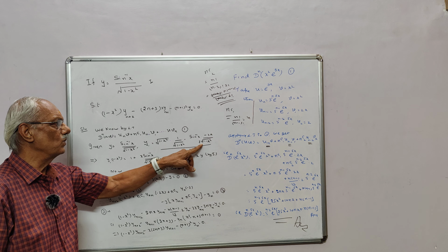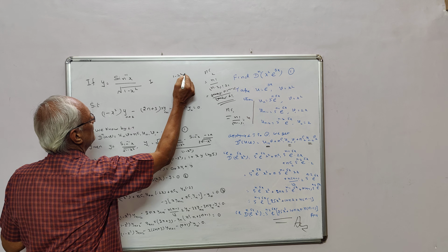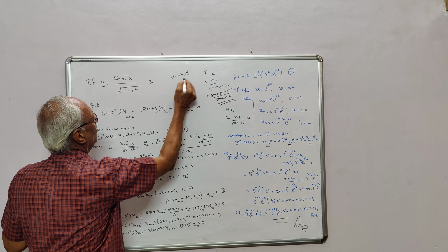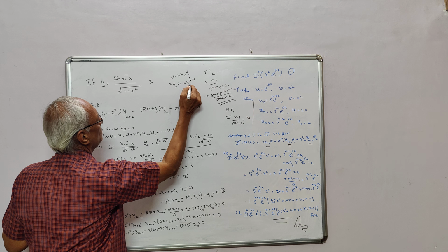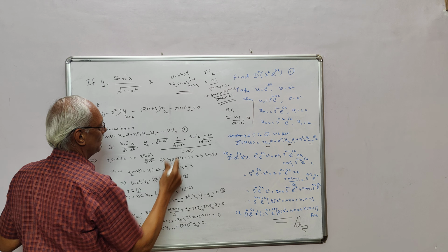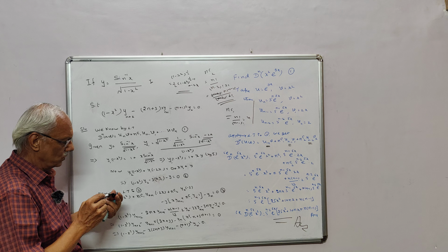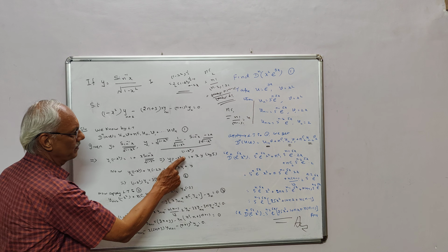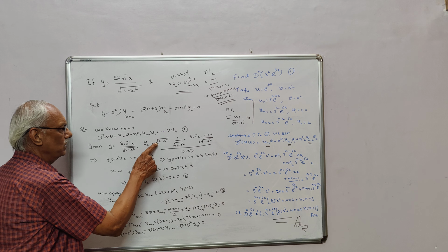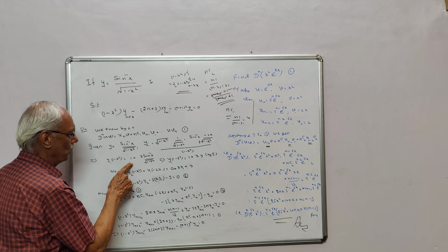The derivative of this is half into 1 minus x squared to the power of minus half into minus 2x. So this is what I have done here. The whole is divided by square root of 1 minus x whole square, that is nothing but 1 minus x squared.